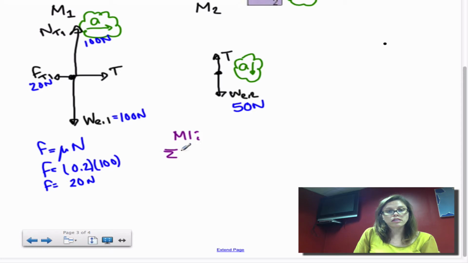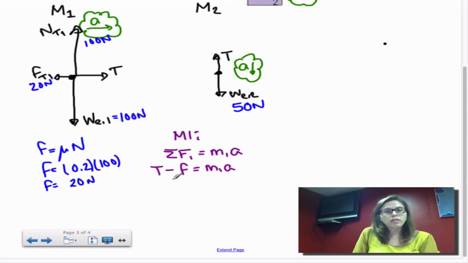Sum of the forces for 1 is equal to m1a. Since the acceleration's to the right, we'll go the tension minus friction is equal to m1a. We don't know tension, but friction's 20, so T minus 20, M1 is 10, and we don't know acceleration.